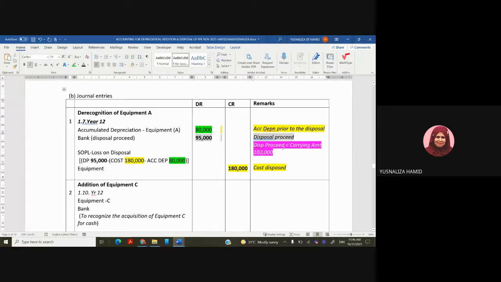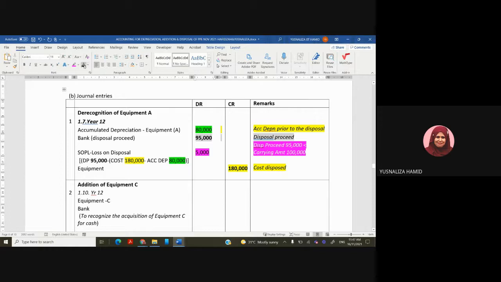Disposal proceed was 95. Are you looking at what I'm writing? Yes, madam. Okay, so you can see the disposal proceeds are less than the carrying amount. That is a loss on disposal, and that was how much? 5,000. So that 5,000 loss will have to be shown as an expense in the SOPL.